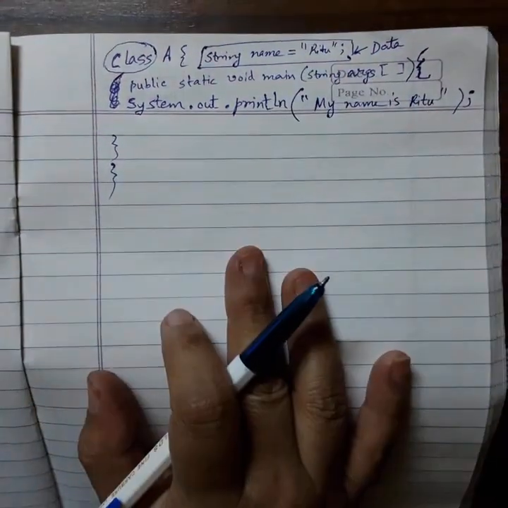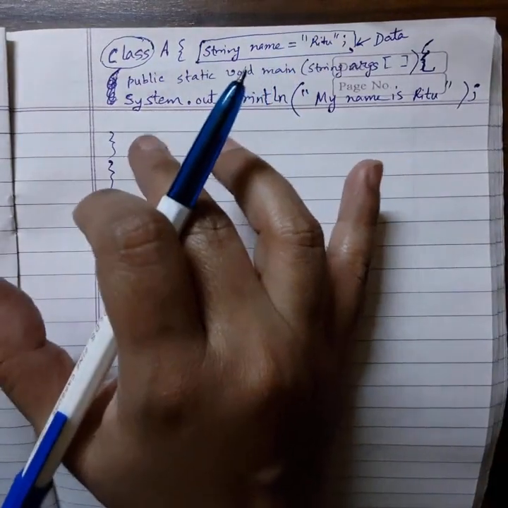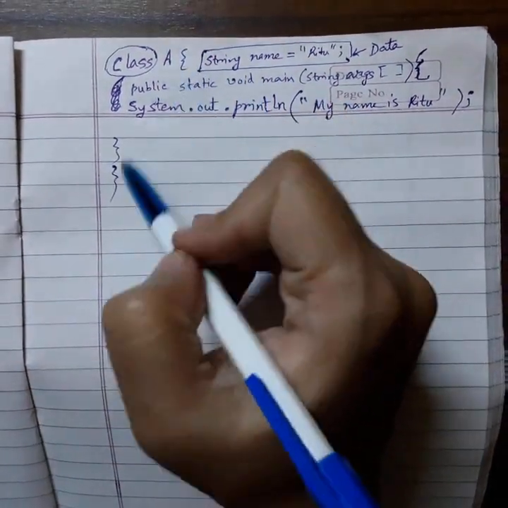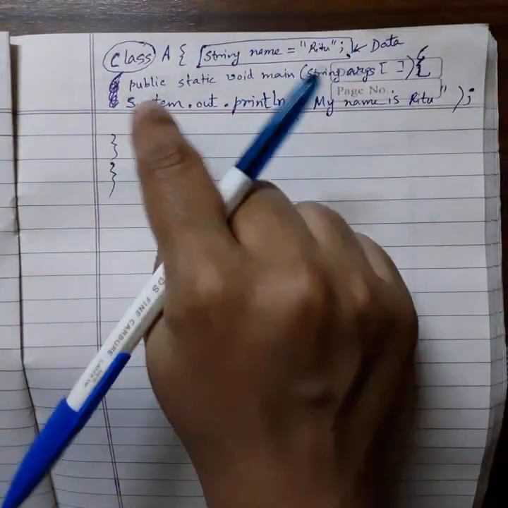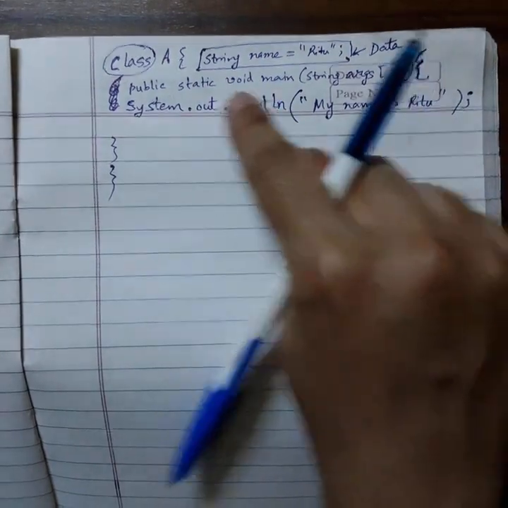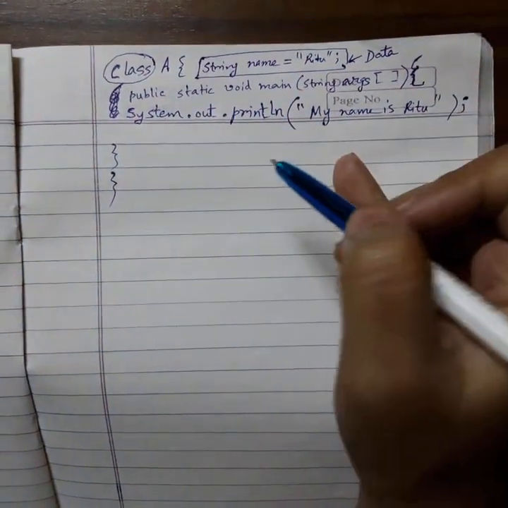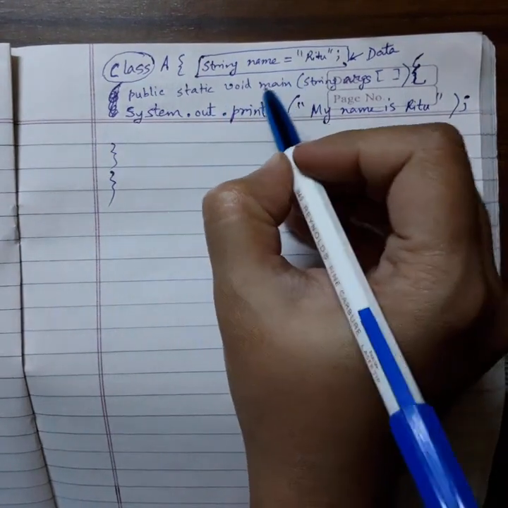This is data, right? All the coding of a class should be within the second bracket. This is where the method starts. Okay, the method starts here, and the name of the method is main.